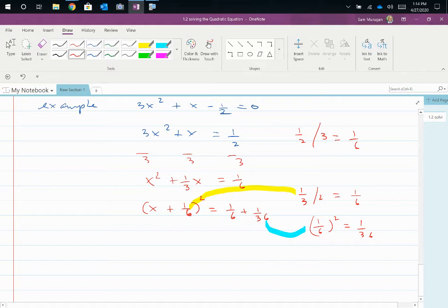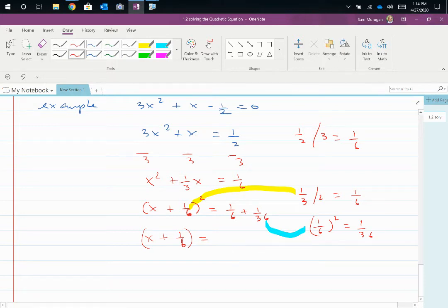So we've got x plus 1 over 6, 1 over 6 plus 1 over 36 is 7 over 36. Okay, and I showed you how to use your calculator to add that.